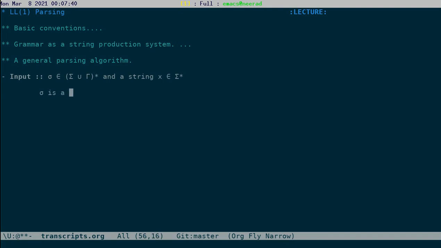Sigma is a string of terminals and non-terminals, and x is a string of terminals. Okay.